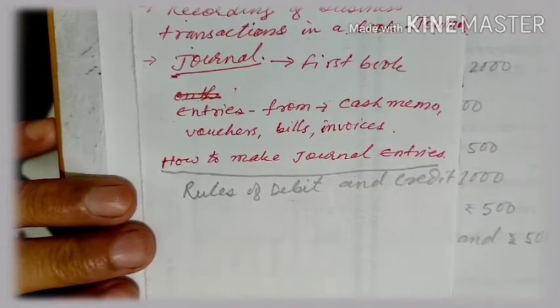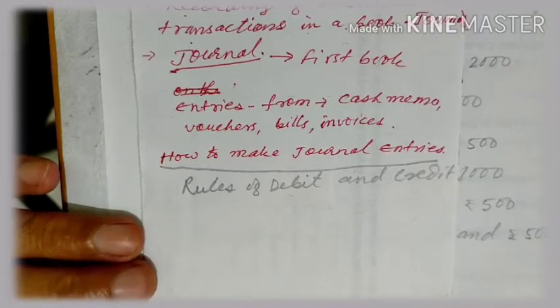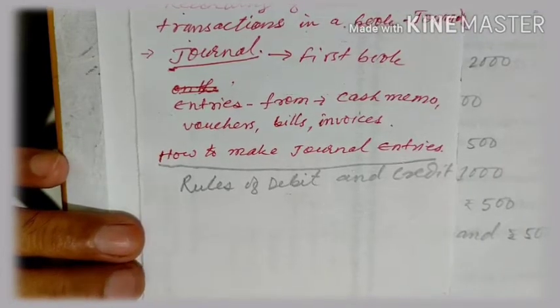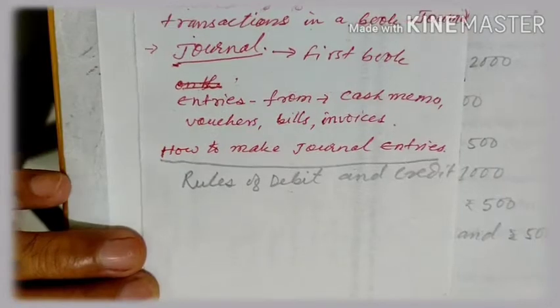That is personal account, real account and nominal account, which I have already explained in my previous videos. So please go through those videos to understand the rules of debit and credit and also the meaning of personal account, real account and nominal account.